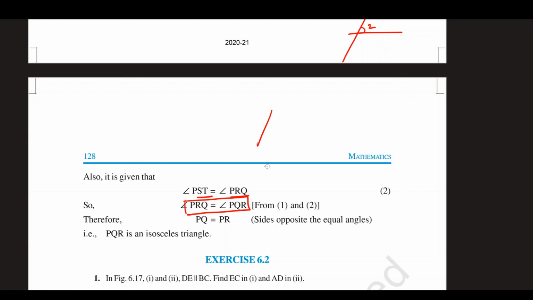In a triangle, if these two angles are the same, then it is an isosceles triangle. In an ABC triangle, if angles B and C are the same, then the sides opposite them must be equal. This is a property of an isosceles triangle.